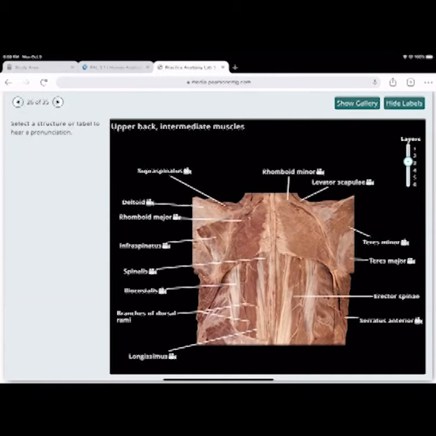Let's start here. The supraspinatus muscle. We're going to go above the deltoid, the rhomboid major, and above it, the rhomboid minor. There's the rhomboid minor right here above it. The infraspinatus muscle.